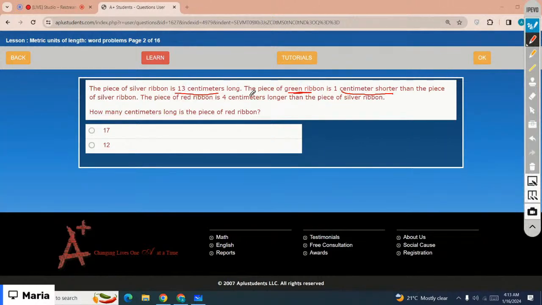So 13 take away 1 is 12. That is the green ribbon. The piece of red ribbon is 4 meters longer than the piece of silver. Silver is 13, so that would be 13 plus 4, and 13 plus 4 is 17. So the correct option is 17. Got it?